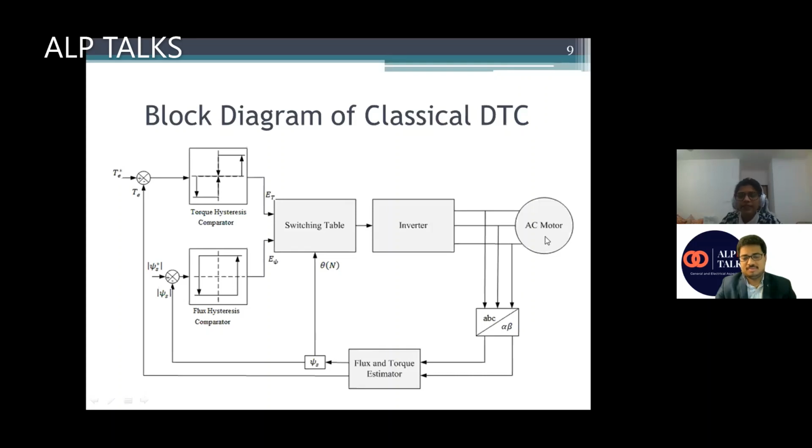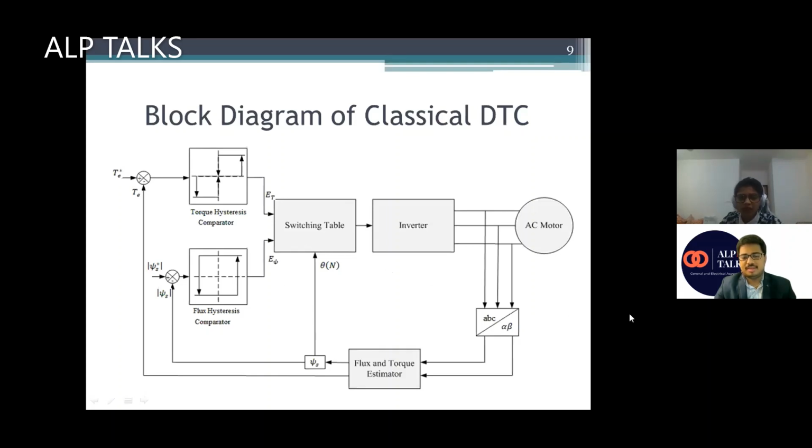Then, from the motor, we can estimate the flux and torque from the parameters of the AC motor. These estimated values are again used for the errors. This is how our closed loop works.